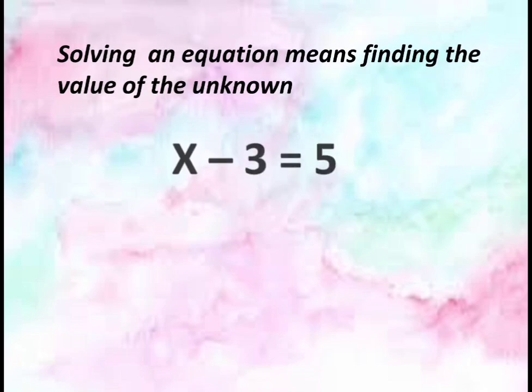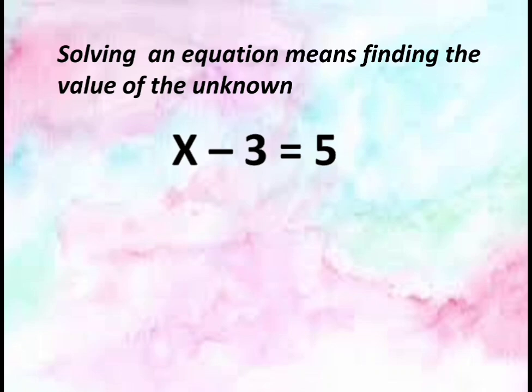equation. X minus 3 equals 5. So how can I get rid of minus 3? To get rid of minus 3, I just put the opposite of it. The opposite of negative 3 is positive 3. So I'll put positive 3 on both sides.